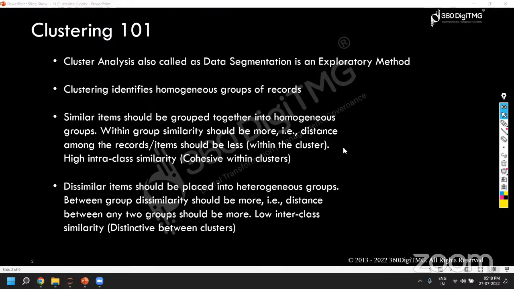Now, whenever we're doing the clustering, we also need to remember that the records we're grouping together should be such that similar records belong to the same group. This also means that dissimilar records should not belong to that. They should belong to a different group altogether.